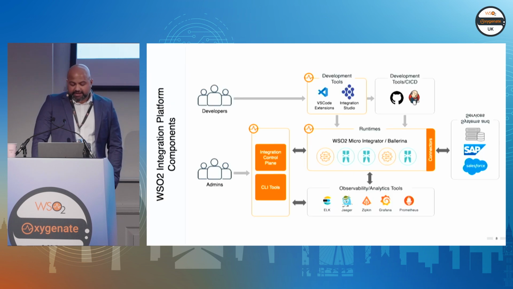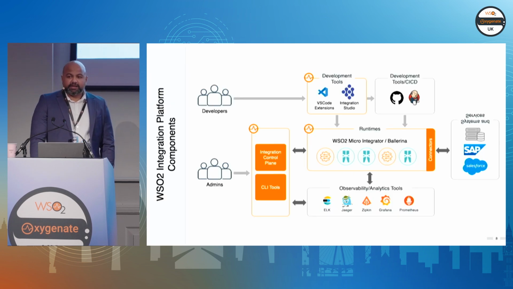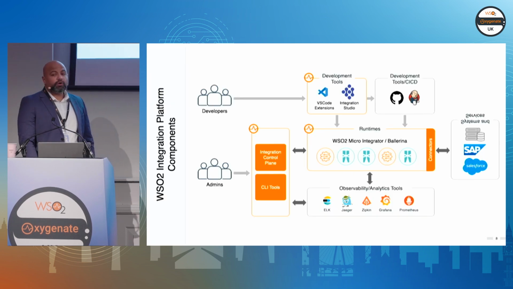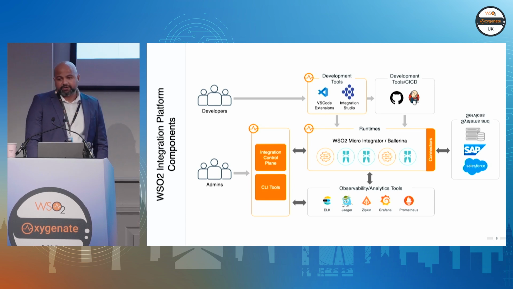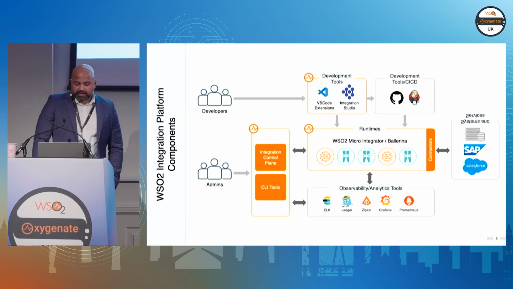The next slide basically depicts the high-level overview of all of the components that are relevant to the WSO2 integration platform. There in the middle, you can see the main runtimes, which are Micro Integrator and Ballerina. And any runtime can be governed using the same integration control plane as well as a set of CLI tools.